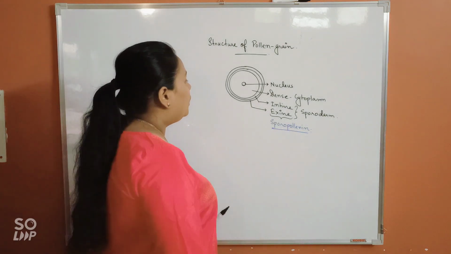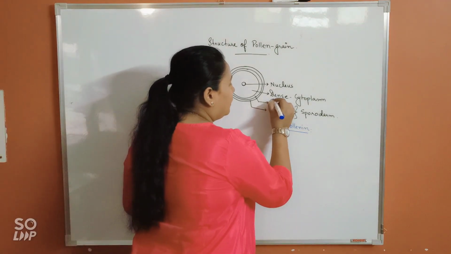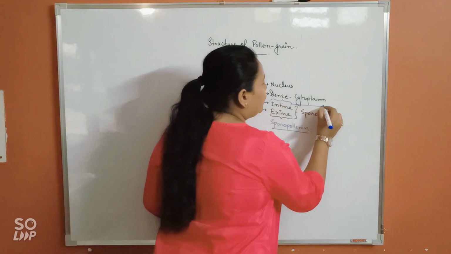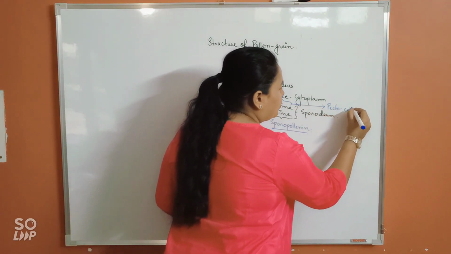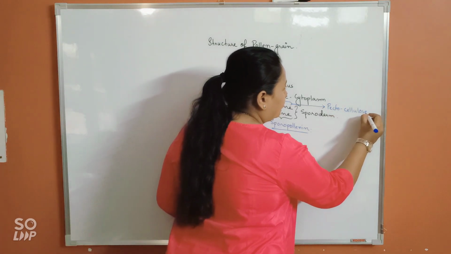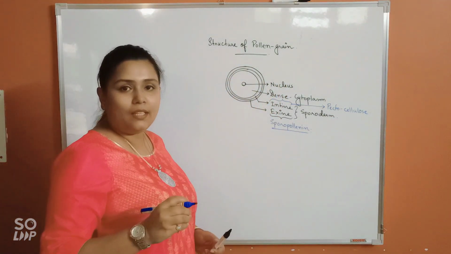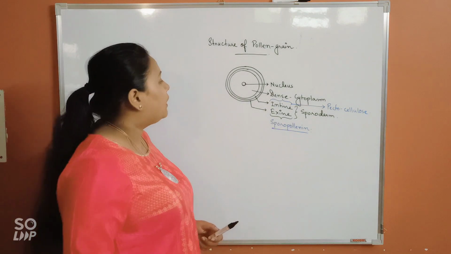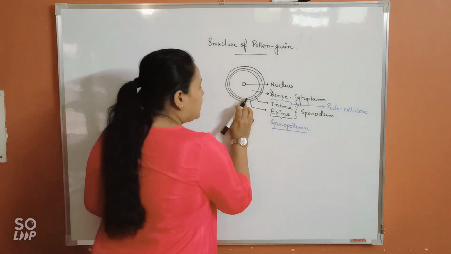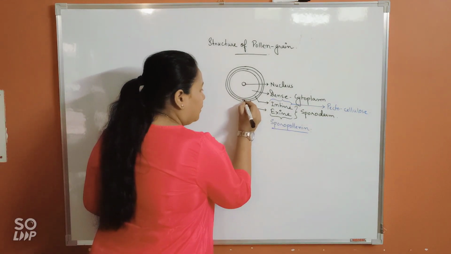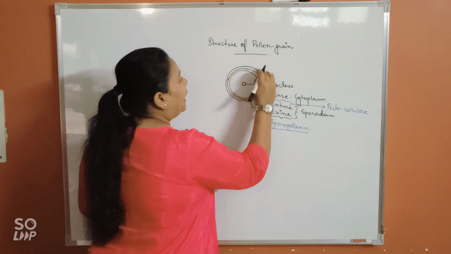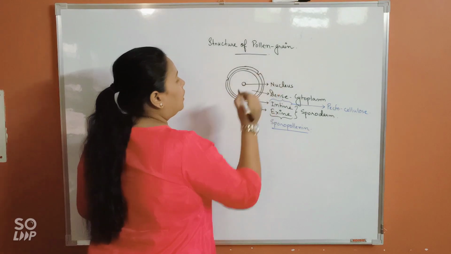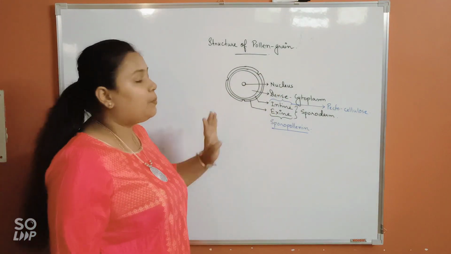Fine. On the other hand, intine is going to be made up of pectocellulose. That means pectin and cellulose. Alright. Now see, certain parts of the exine might not possess deposition of sporopollenin.